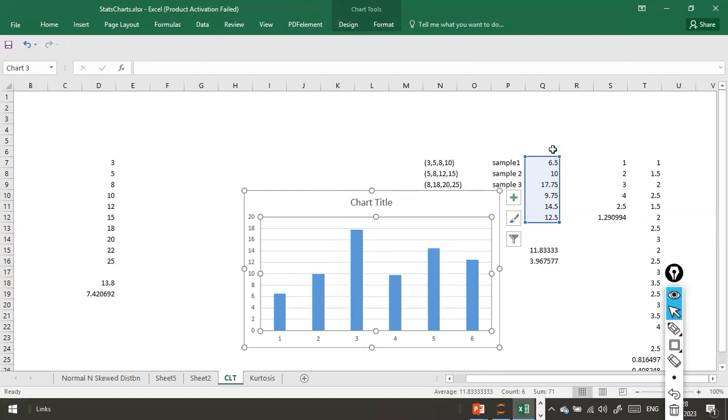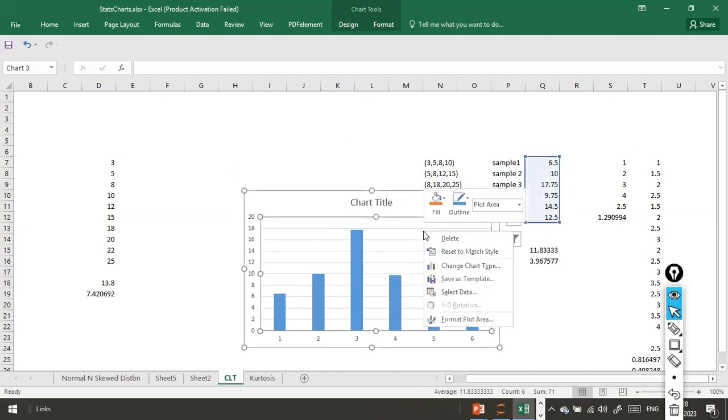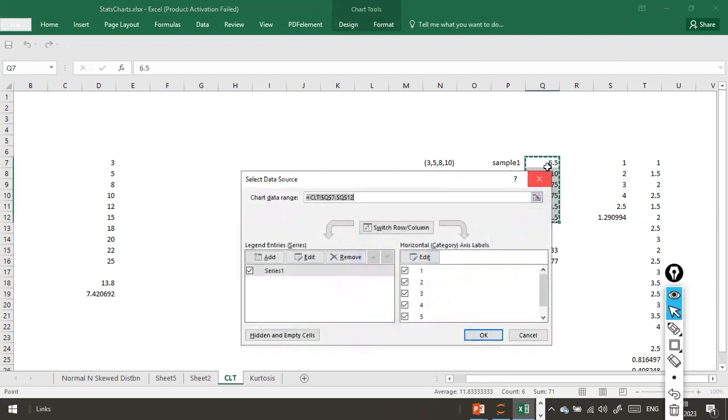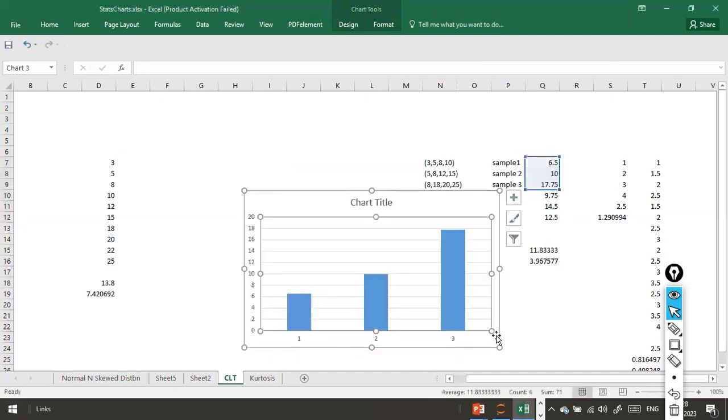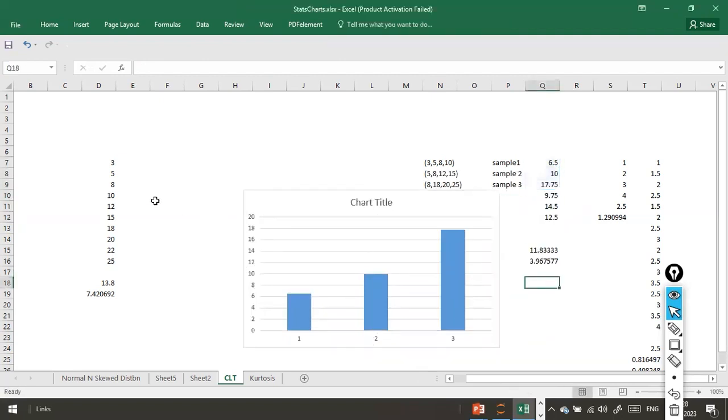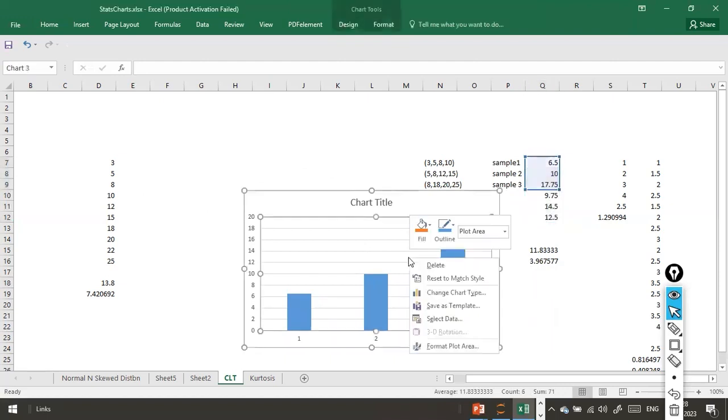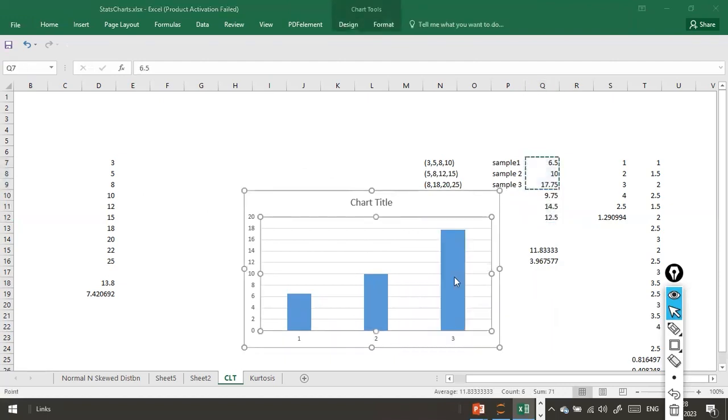When you plot the sample means in a chart, if I plot only a few sample means, it is not approximately normal. As you draw more samples, it becomes approximately normally distributed.